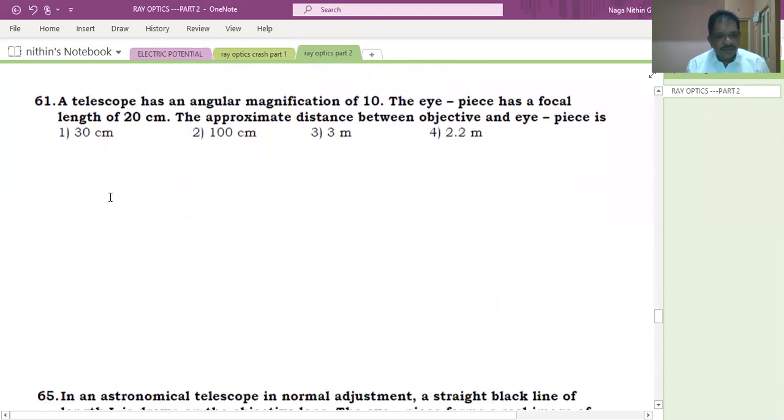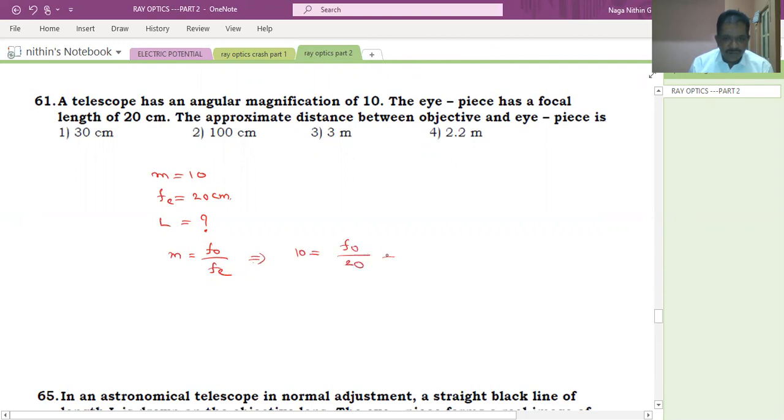Next, 61. A telescope has angular magnification of 10. Eyepiece is having focal length of 20 centimeter. L is equal to how much? M is equal to FO by FE. So 10 is equal to FO by 20.